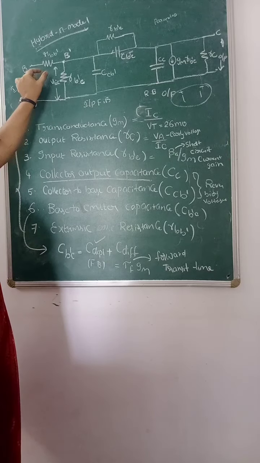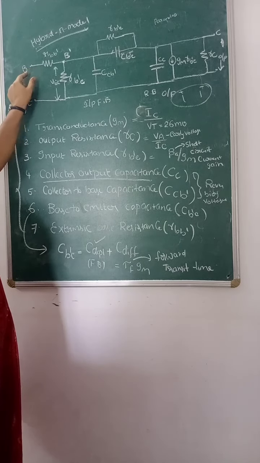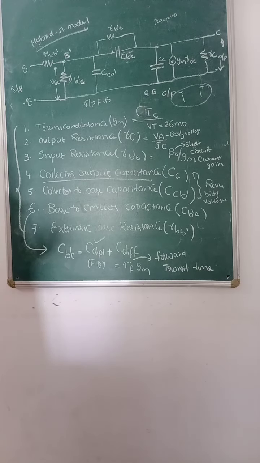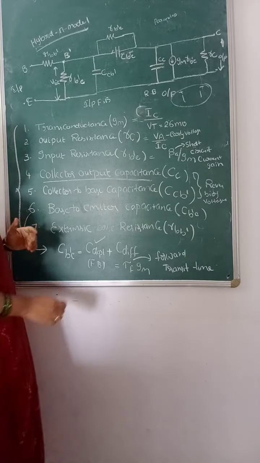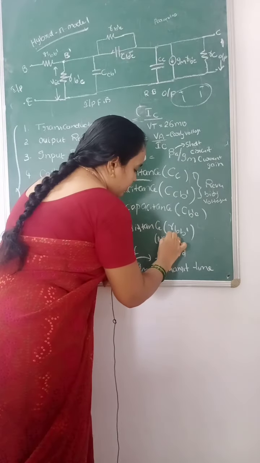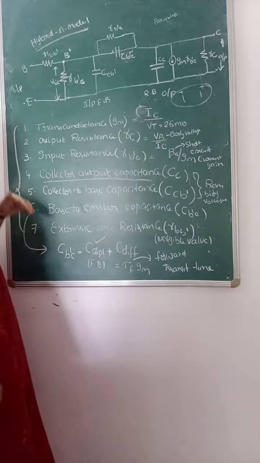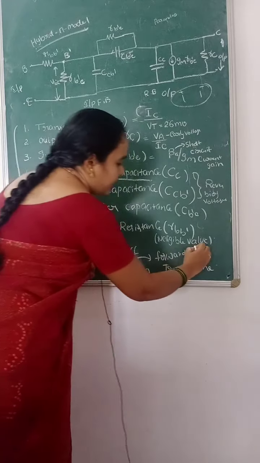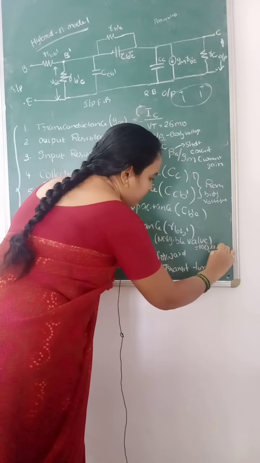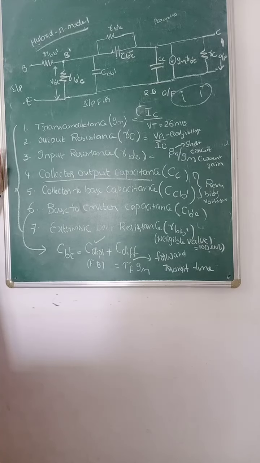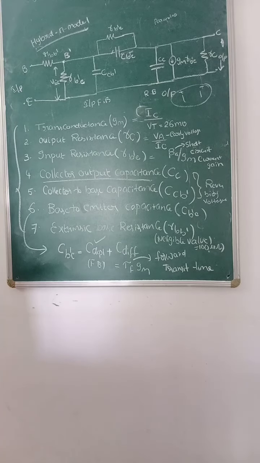It is the resistance offered between the two terminals called base and internal base, which is a very low value and a very negligible value, of the order of 100 ohms. So these are the 7 parameters that are used in the hybrid pi model of a transistor single stage amplifier configuration.